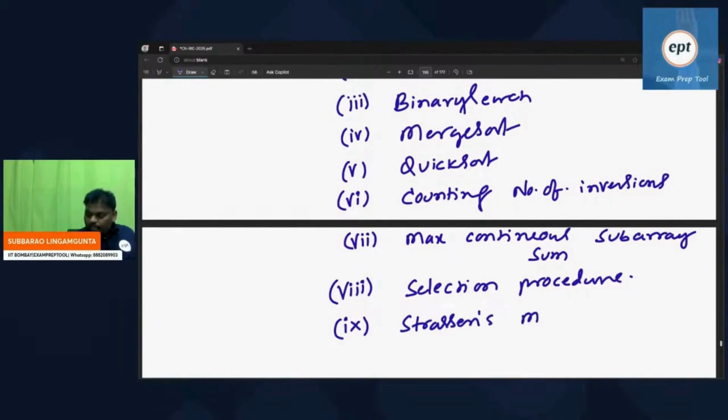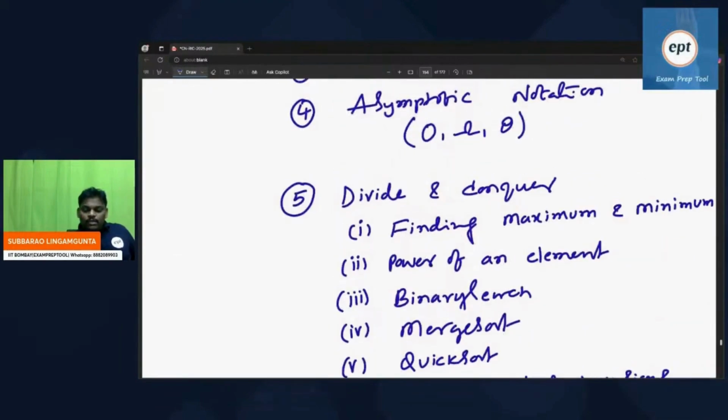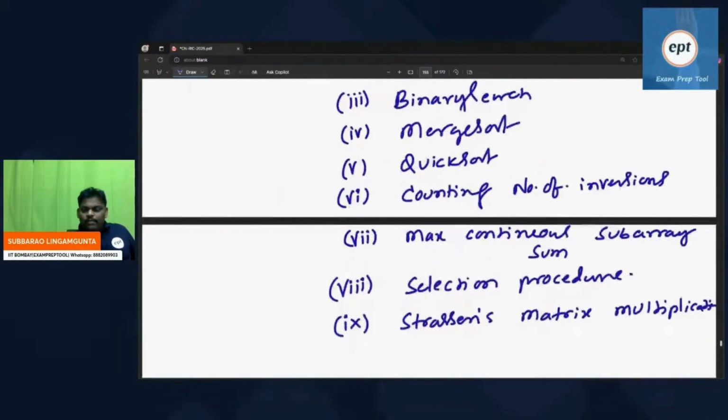So this is the divide and conquer story. Please write all of them.